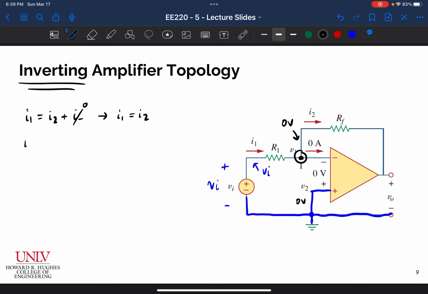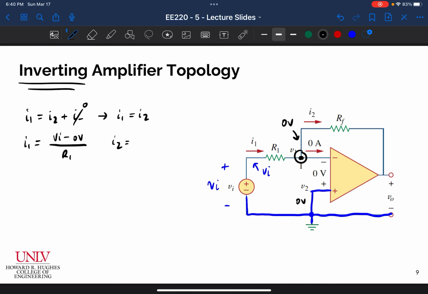I1 is going to be equal to the voltage drop across R1 divided by R1. If I take a look at my circuit, I have a voltage V in on the left side and a voltage of 0 volts on the right side. So let me write that, V in minus 0 volts.